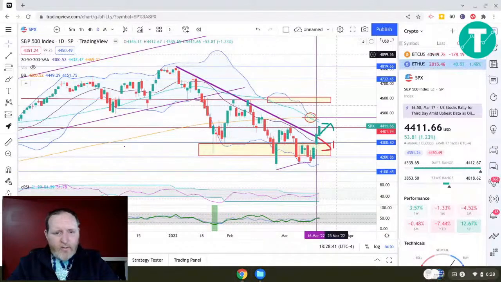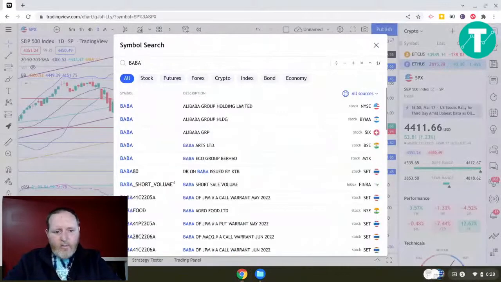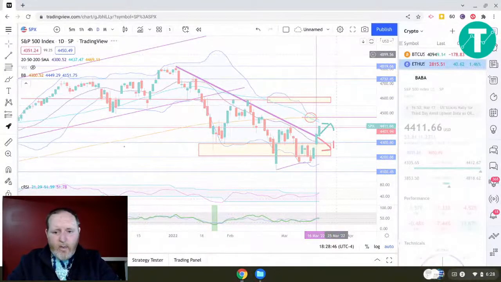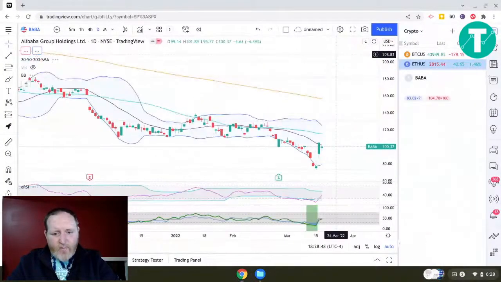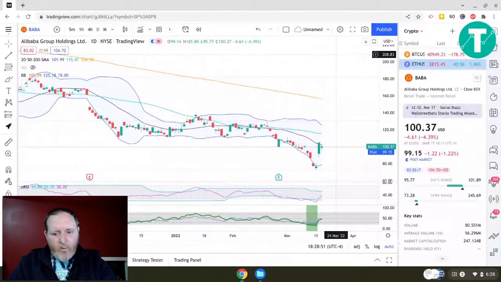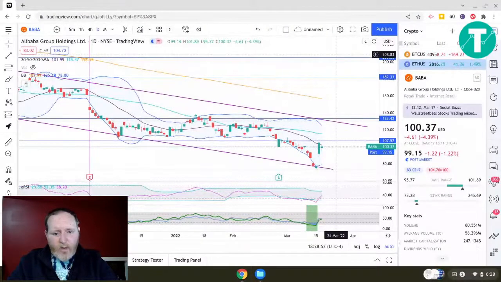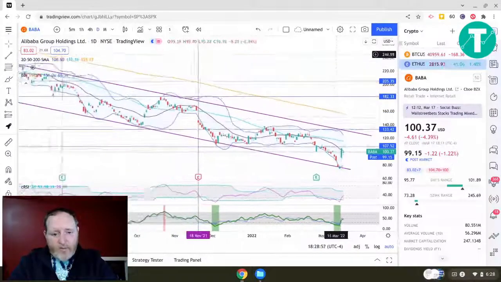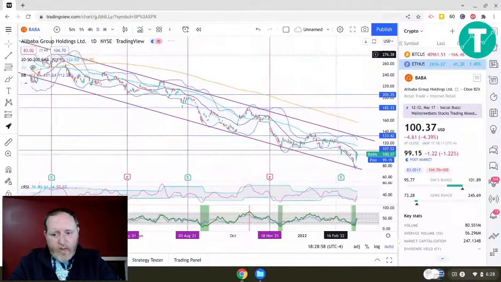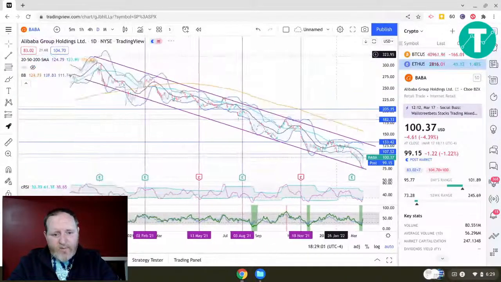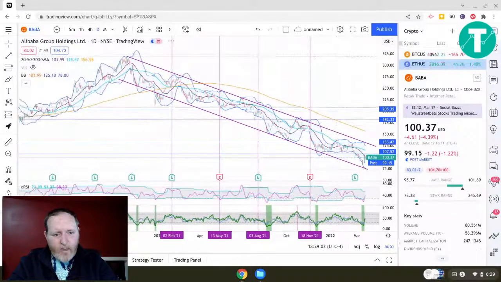Alibaba, it got hit bad. Even though it did have a big comeback, it's got a long way to go before it can even reclaim some of the huge losses that it incurred. I mean, look, this is Alibaba right here.